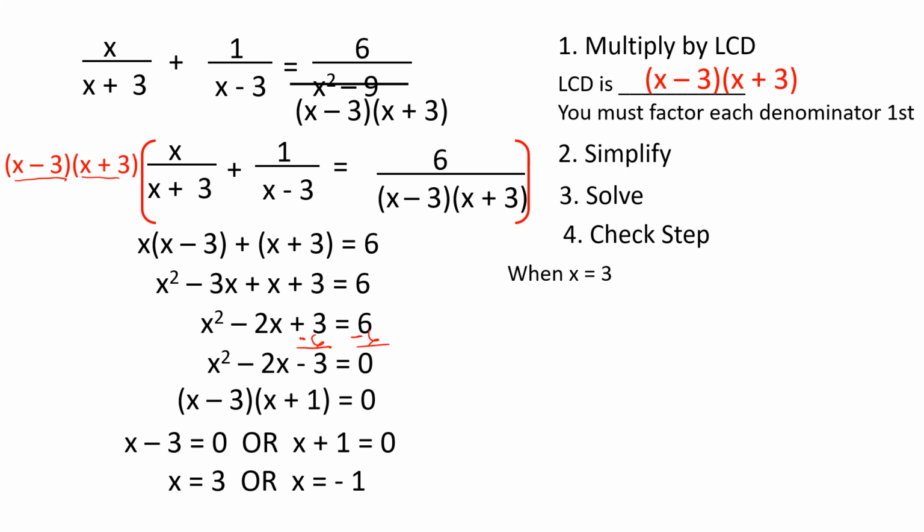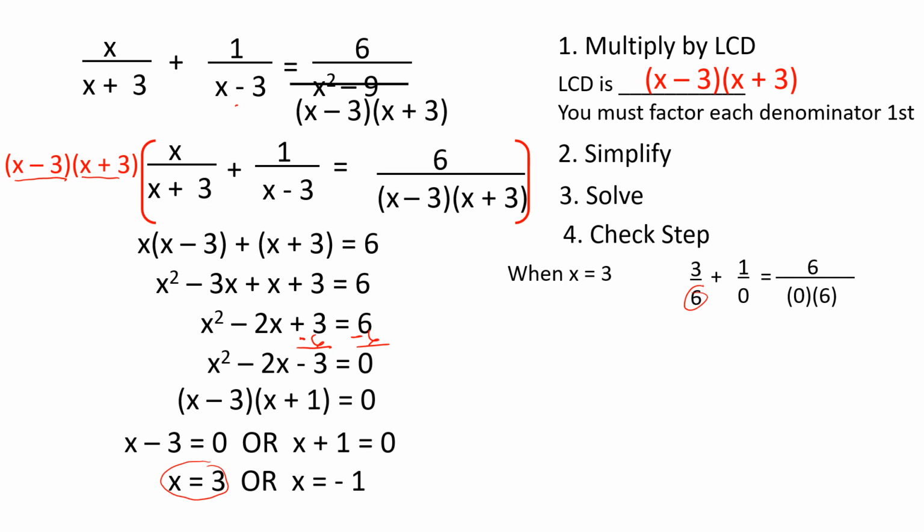So let's test the 3. Let's test when x is 3. So when x is 3, I'm going to take my original equation and plug in 3. So just think about this. 3 plus 3 gave me the 6. That's where I'm getting that. In the second fraction, we had 3 minus 3. That gave me a 0 in the second fraction. And then so forth. We ended up with the 0 and 6 on the right-hand side.